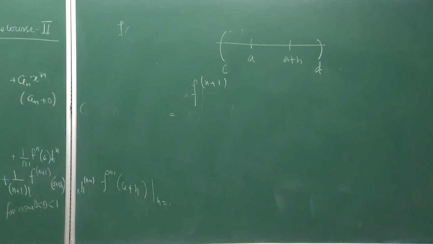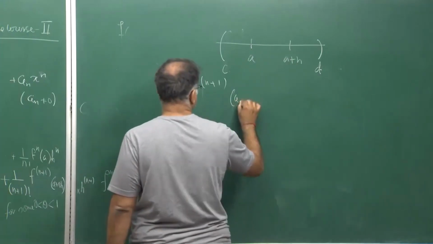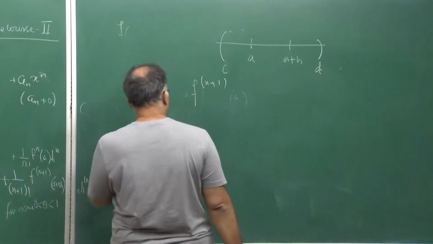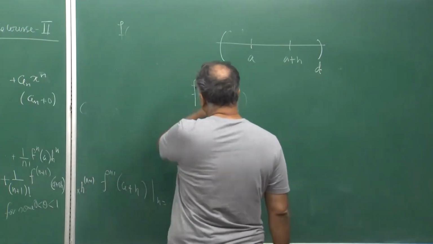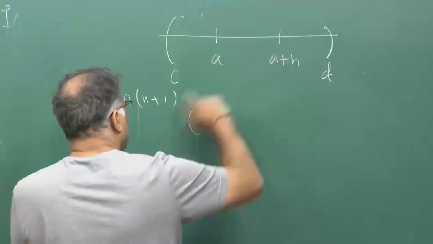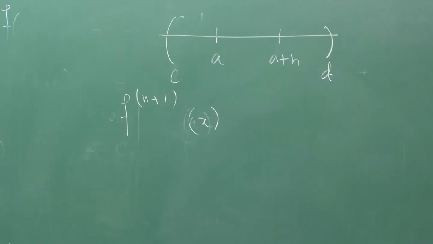And then what would happen is that in the closed interval a to a plus h, if I take the function f^(n+1) in the closed interval a to a plus h, then this is a bounded function because it is continuous.